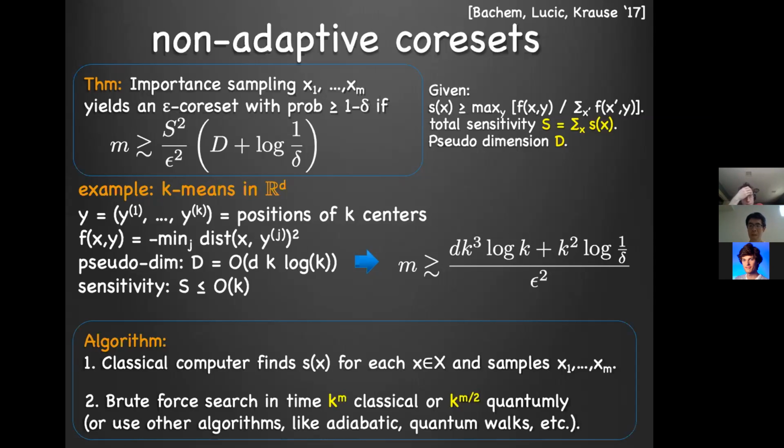And this gives me an algorithm, where the classical computer can estimate S of x for each point x by using some crude clustering to do it. I'm leaving that part out because that's in the classical literature. Then the next step is either a brute force classical search or a Grover quantum search.